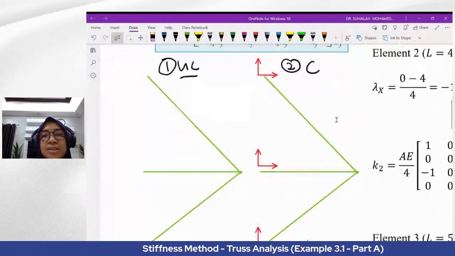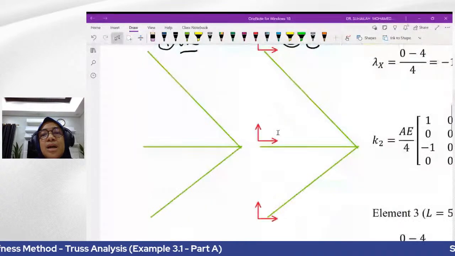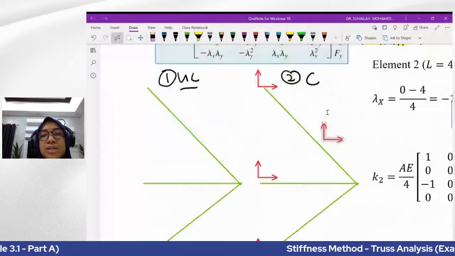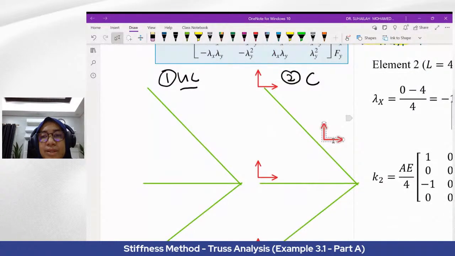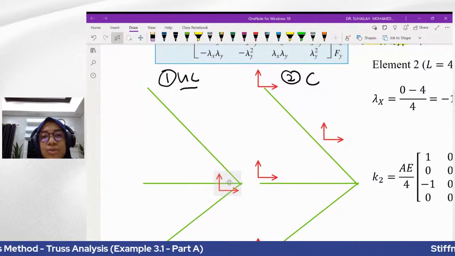So there are 6 unknown reactions, equal to 6 degrees of freedom in the constrained system. So this is unconstrained.